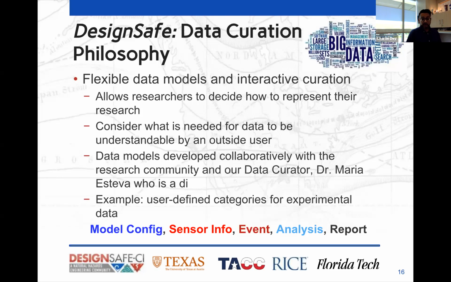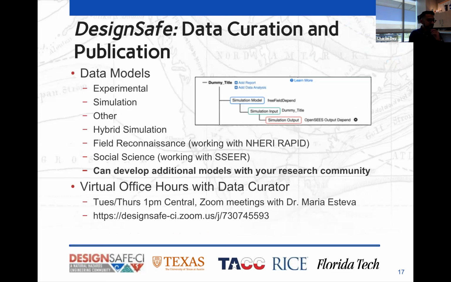Maria is fantastic to work with, and she will help you determine what model might best fit your data set, and then she can help you get this data set curated and published, all right? There's a couple different models available: experimental, simulation, hybrid simulations, field reconnaissance, social sciences, and they all have different aspects and different nuances that are involved in getting this data to be understood by a wider audience.